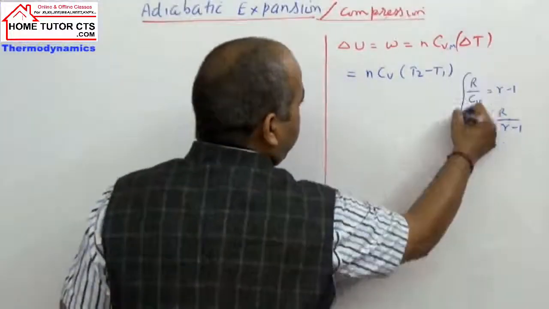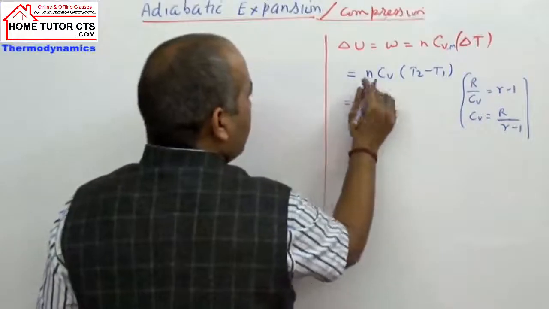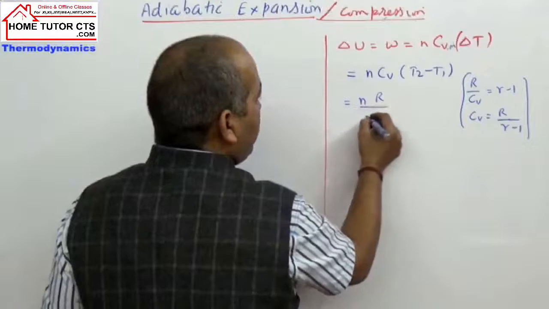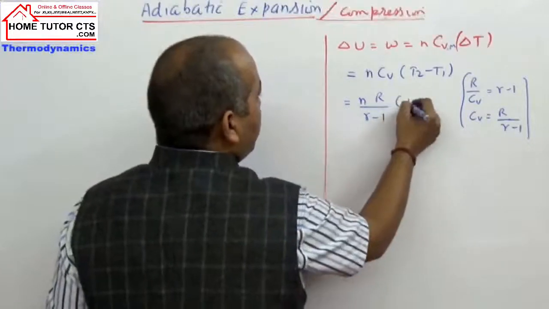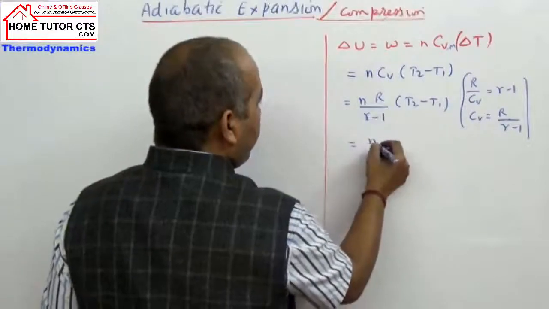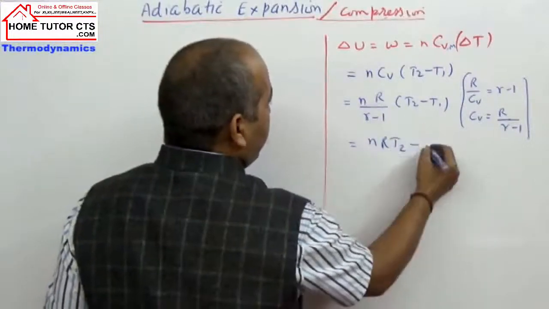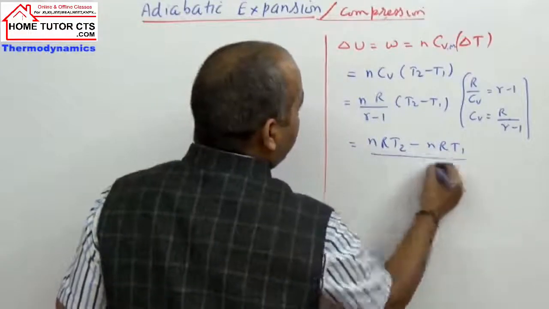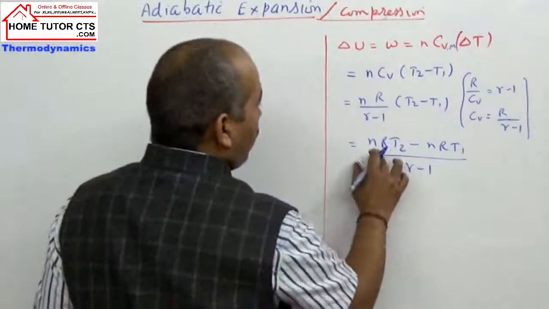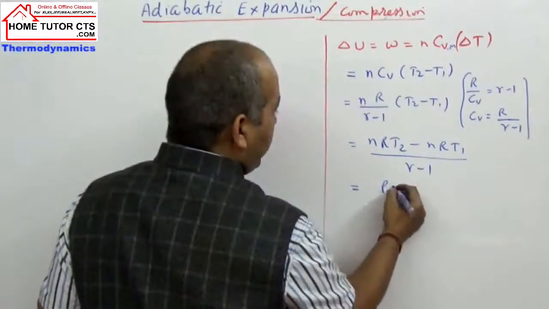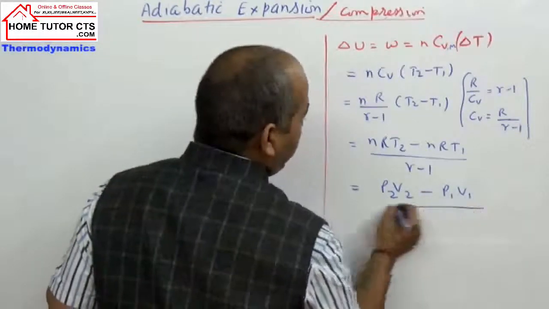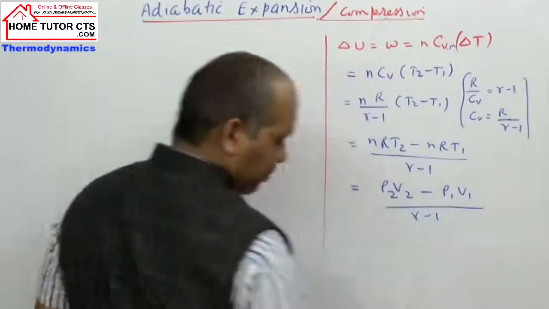So expression you can write here, and I replace Cv by R upon gamma minus 1 times (T2 minus T1), or I can write this as nRT2 minus nRT1 by gamma minus 1, or what is nRT, PV, so I can write P2V2 minus P1V1 by gamma minus 1.